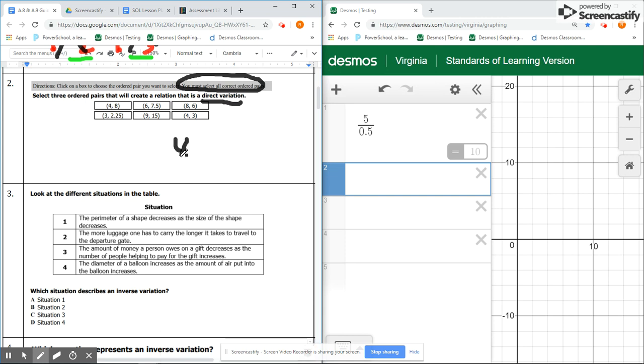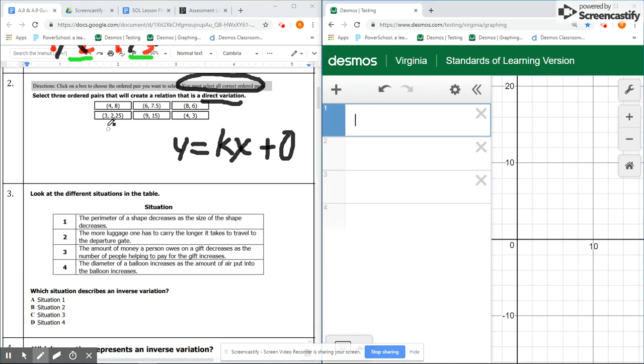Okay, direct variation, we just talked about it. Y equals kx. All right, remember that k is the slope, that this is going to be a line, and that our y-intercept is 0. Okay, so we need 3 points out of these 6 that make a line with the same slope that goes through 0.